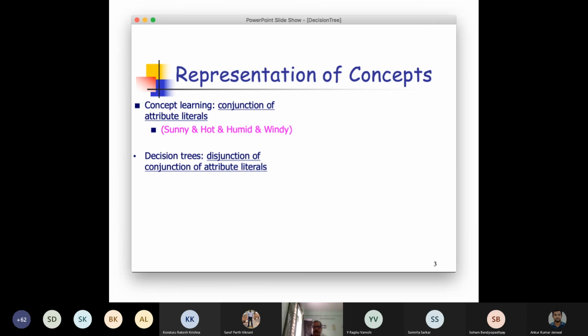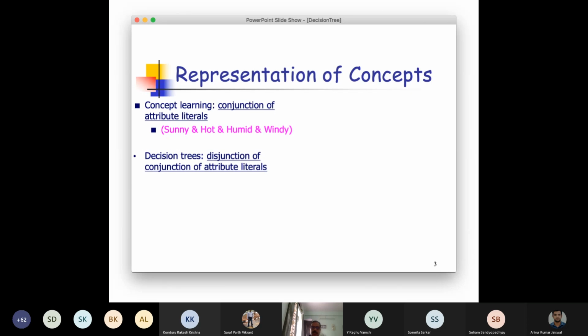So if we consider another kind of representation, decision trees will give you that power of representation, where any kind of Boolean expression with these attribute literals will be possible to realize.